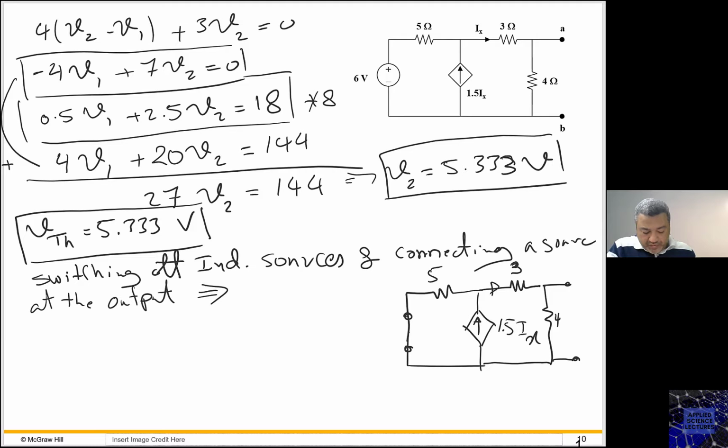You can put a voltage source. You can put a current source. So if I put a voltage source, then this node is known. So let me put here a voltage source, and I will give it the value of 1 volt.